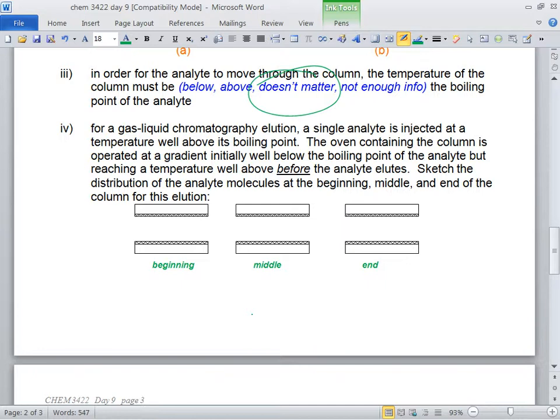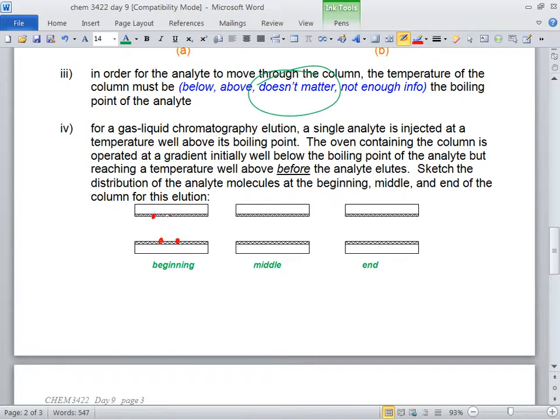Sketch the distribution of the analyte molecules at the beginning, middle, and end of the column. So what could you do to illustrate this temperature gradient? Knowing that at the beginning it's not very hot, at the end it's really hot, they're going to be more attached to the stationary phase at the beginning. Yeah, exactly. Just draw a bunch of dots inside or touching that liquid.